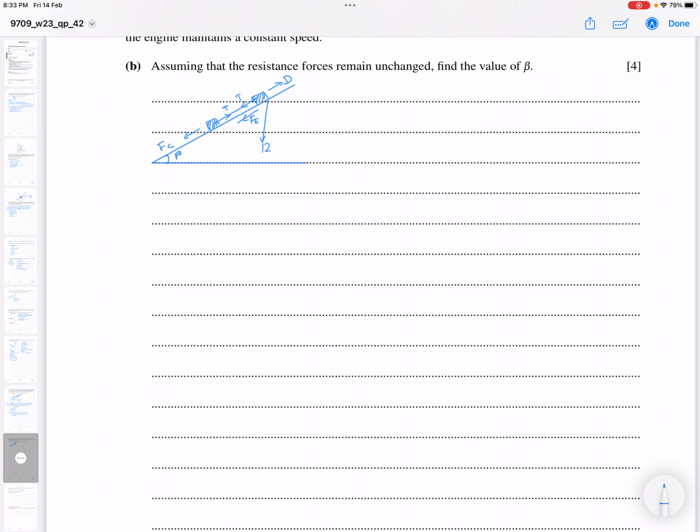This is 120,000 G, this is 60,000 G. Now initial velocity is 30 meters per second. Your A is 0 because it attains the constant speed. Your acceleration is 0 there, so your formula for power equals driving force into velocity. So power is 4,500,000 equals your D is unknown and your velocity is 30. So your D is 150,000 Newton.